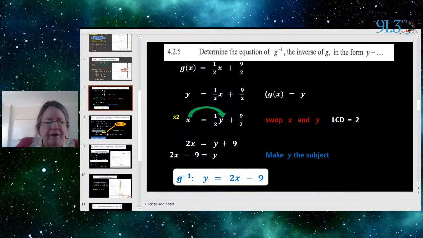The inverse of the function g is y equals 2x minus 9. So that is an easy 2 marks. I've done a lot of workings here for 2 marks. However, I'm really trying to explain exactly how this is done, because this is in every single paper that grade 12s write at the end of the year.